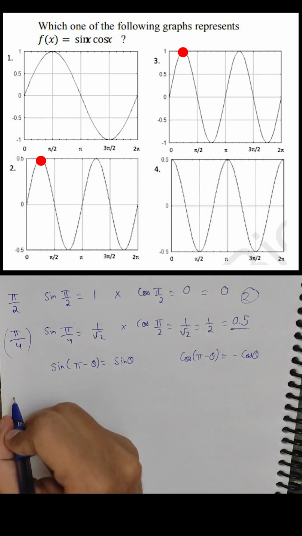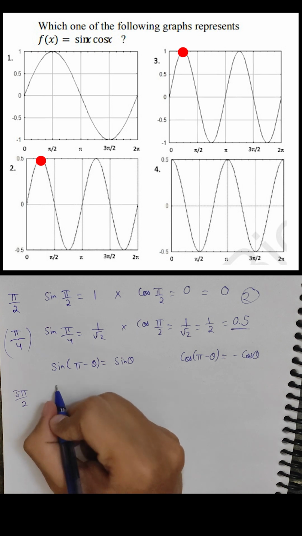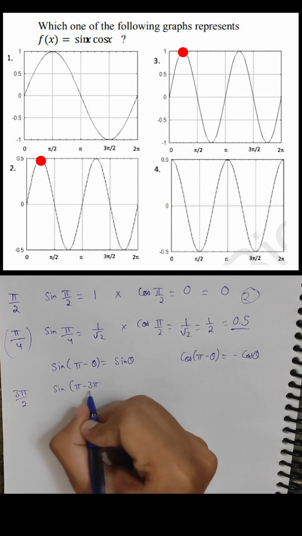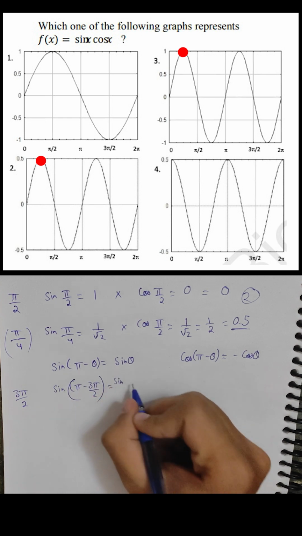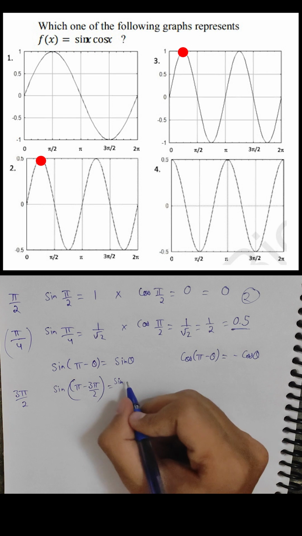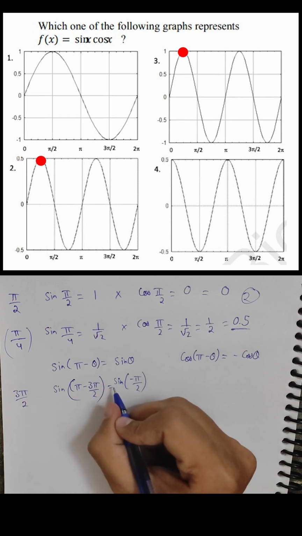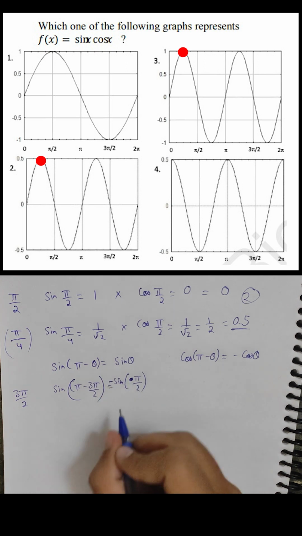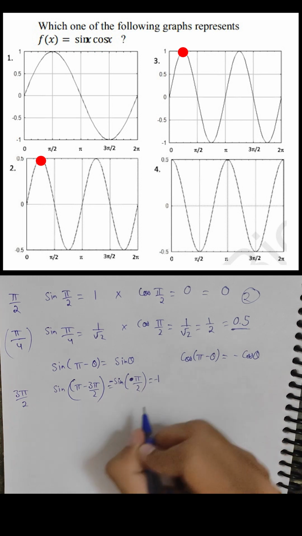So for example, if we check 3 pi by 2, it will be sine of pi minus 3 pi by 2, which will be equal to sine of minus pi by 2. The minus can be taken outside. Since we know sine pi by 2 is equal to 1, it will be minus 1.